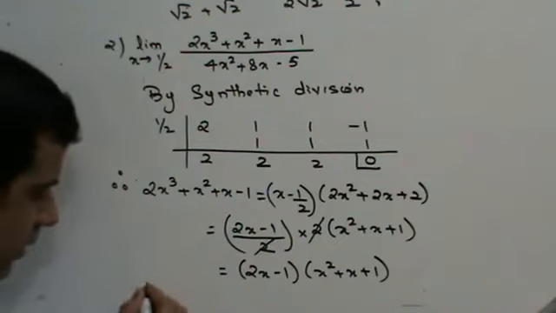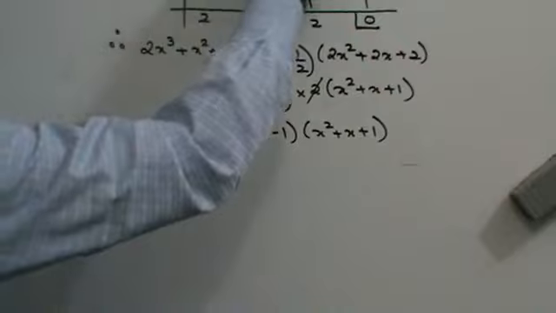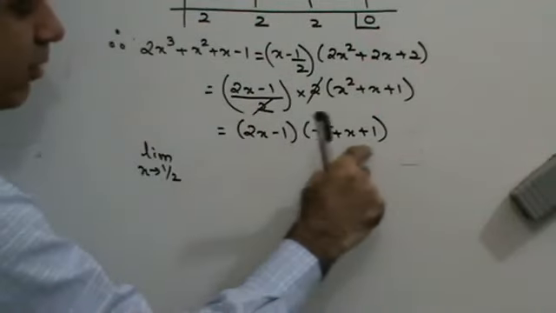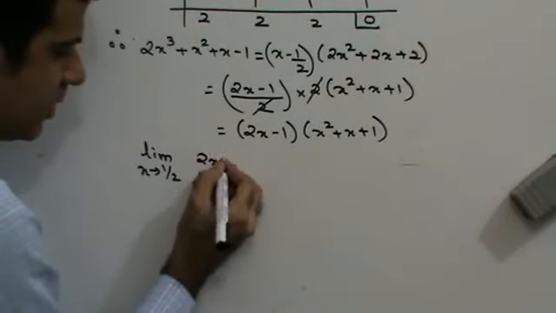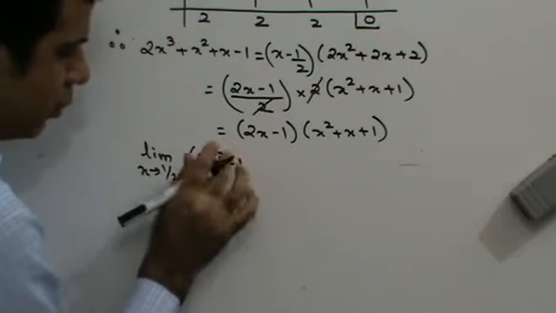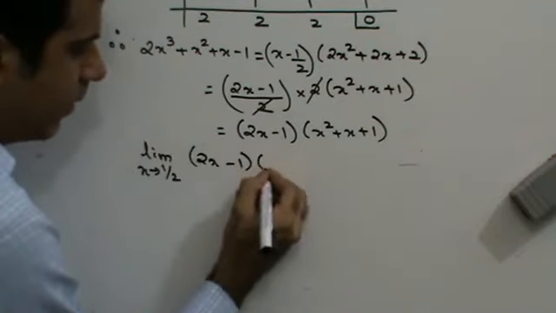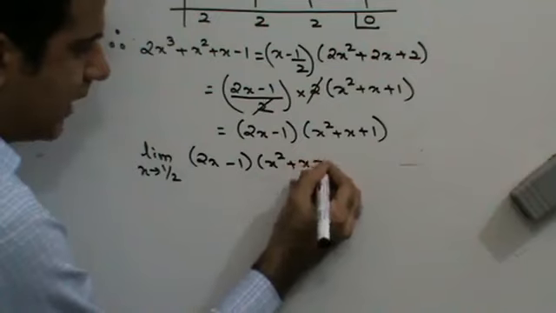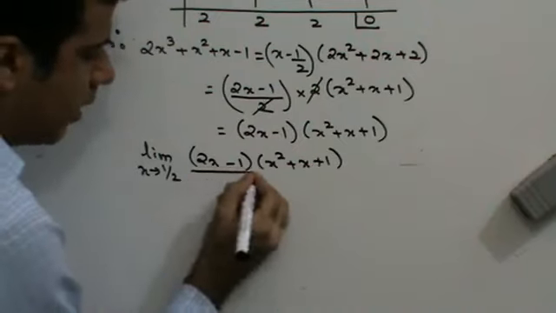Now let's start with the sum. Limit of x tends to half. The numerator, we found out the factors to be this: (2x minus 1)(x square plus x plus 1) upon.